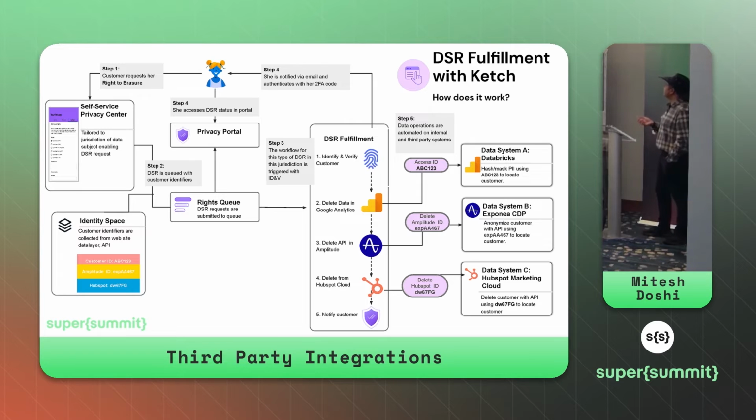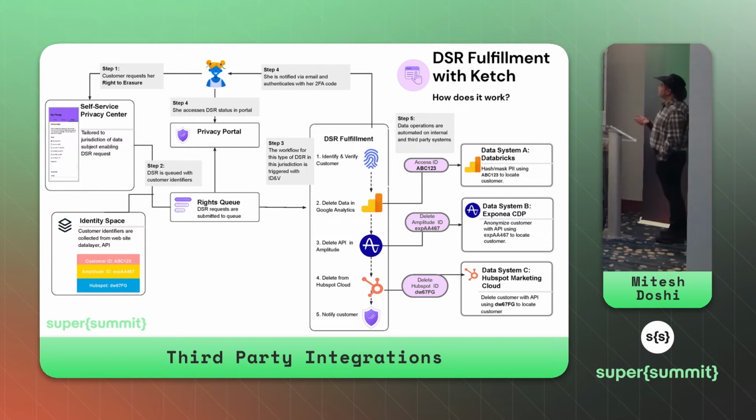Once the user is validated, let's say our customer like Sandals is using Google Analytics and Amplitude for their analytics engines, and HubSpot for their marketing. Once we know that, we pick up the identity spaces for each one of them from the data layer on the customer's website, and then we use this identity to make a third-party API call to Google Analytics, Amplitude, and HubSpot so that they can delete the data for the user.